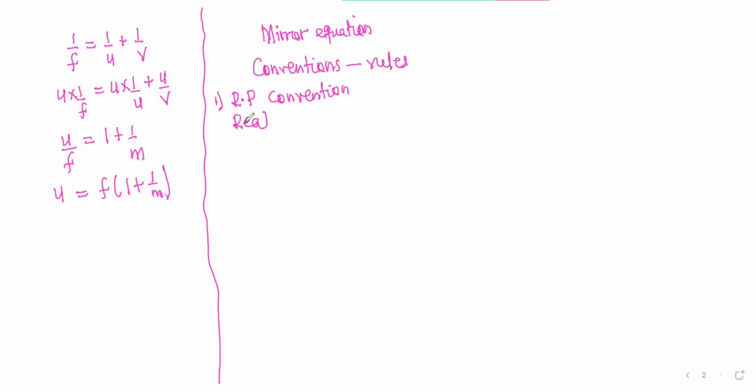Anything real is positive. So RP convention simply means real is positive convention, meaning anything real is positive and anything virtual is negative.